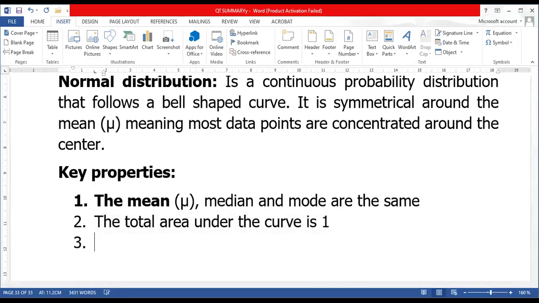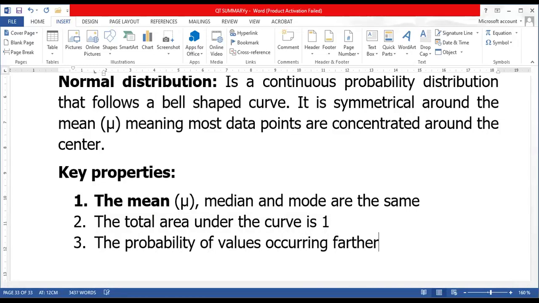Then next is that the probability of values occurring farther from the mean decreases.